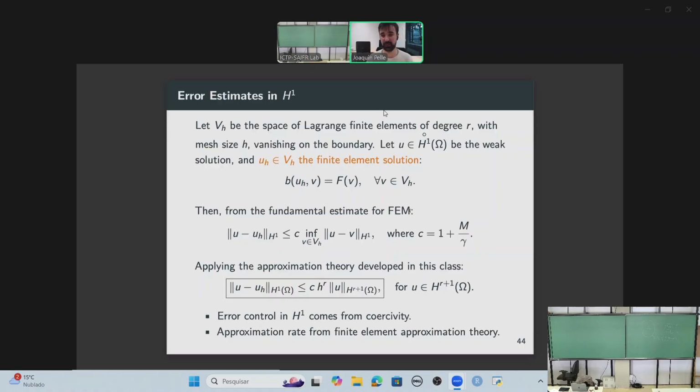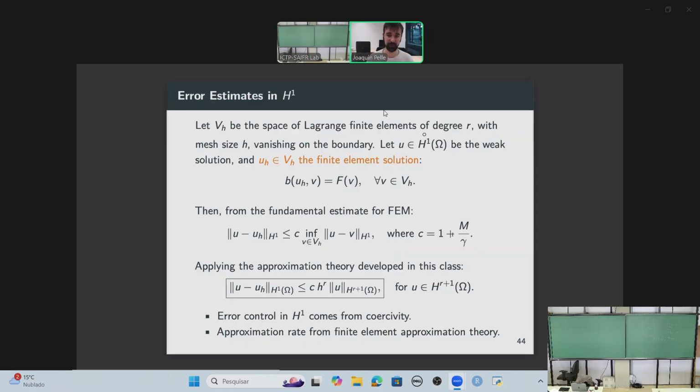And this was proven before already, that the approximation error for this finite element solution also can be bounded here by a constant c times the infimum over all of the functions within the finite element space of this norm here, where this constant c is 1 plus m over gamma, where m was the supremum of the coefficient a of the equation, and this gamma is the constant coming from the coercivity of the bilinear form.